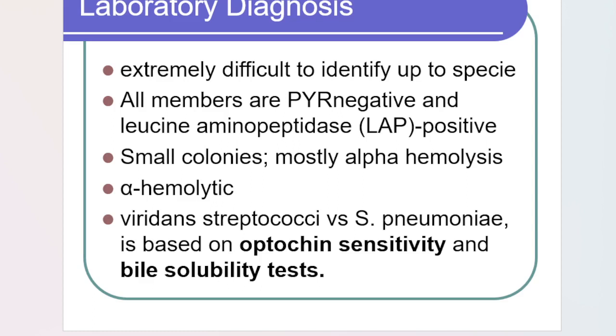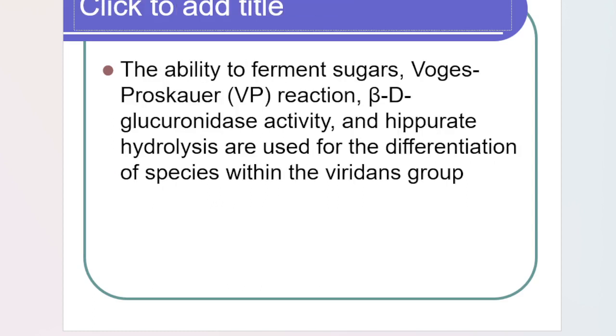So, all members are PYR negative and LAP positive. So, lahat daw ng viridans negative for PYR, pero positive sila for leucine aminopeptidase. To differentiate them from Streptococcus pneumoniae, you can use the optochin test. Mostly alpha hemolysis. So, optochin at saka bile solubility. Pareho yan, optochin test at bile solubility, positive yan for S. pneumoniae.